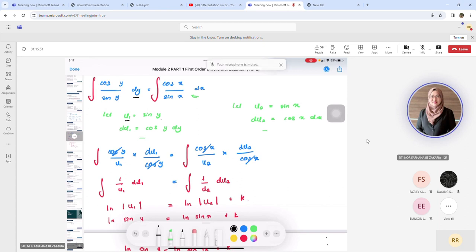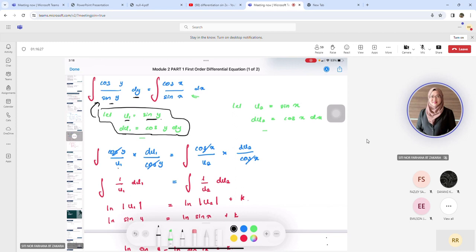So to get du, I need to differentiate this one. So I differentiate this side, and I also need to differentiate sin y. So differentiating sin y, we get cos y dy. Okay, so this is a new variable. So I substitute this value into this equation. u1 equals sin y, so I replace sin y here with u.